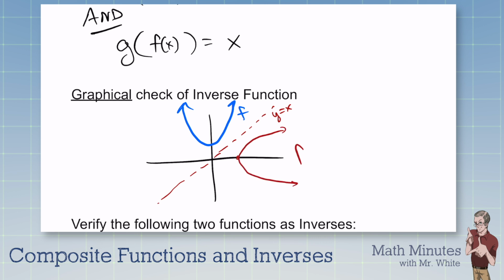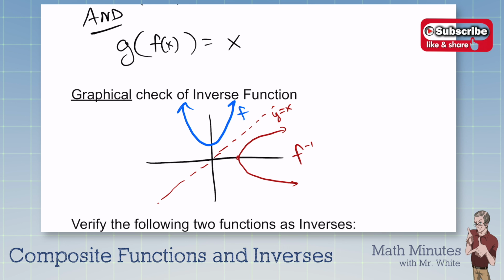Okay, so this would be the inverse function. So they're symmetric across a 45-degree angle line. Every point right here goes straight across, and you've got what I like to call the sister points over here, all at a 90-degree across that central line. So that's how you can graphically check that two things are inverses.